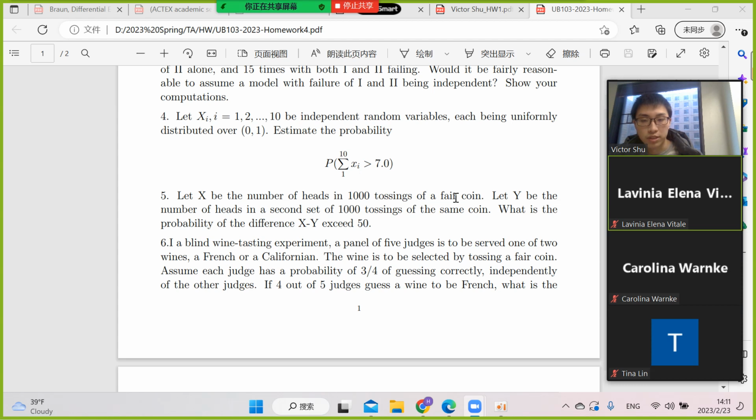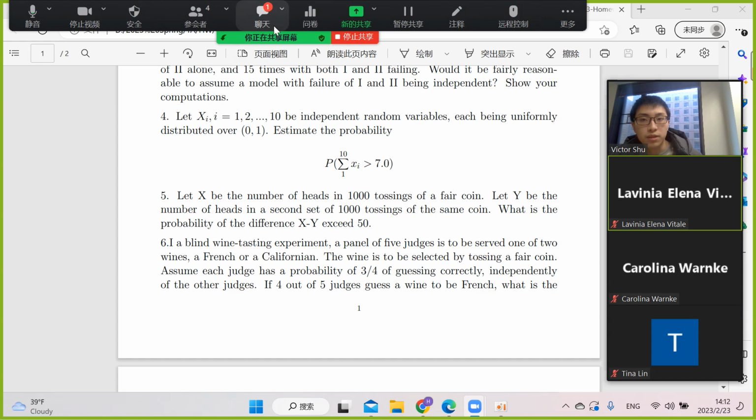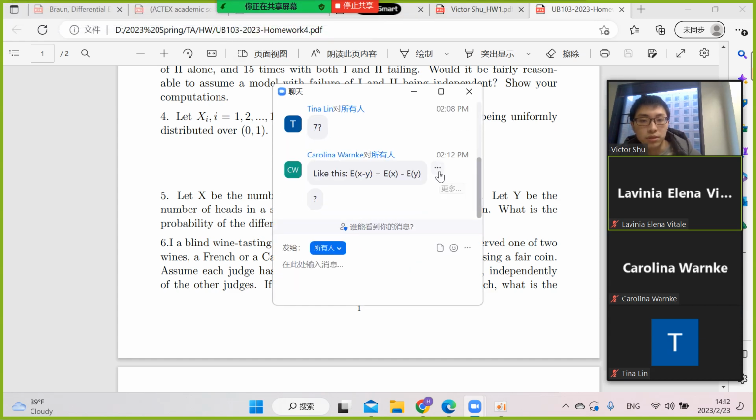For example, in this case, the expected value of x minus y equals the expected value of x minus the expected value of y. And the same applies to plus, you can have either plus or minus here. So if we look at x minus y as a whole, it has an expected value of 500 minus 500, which is 0.